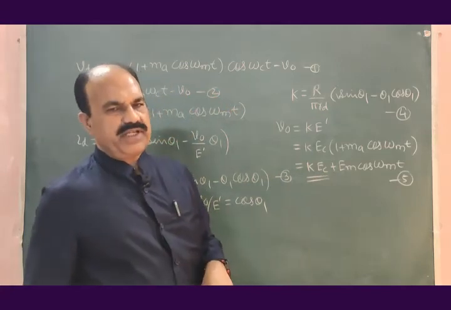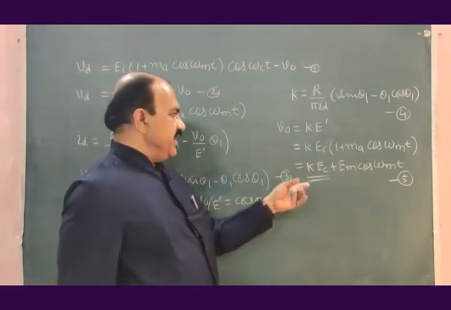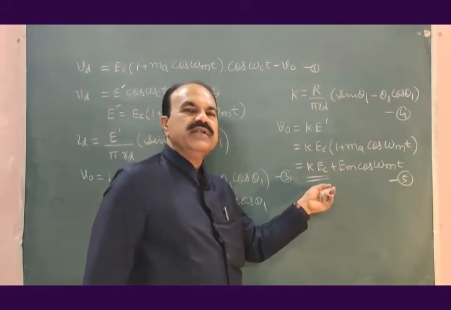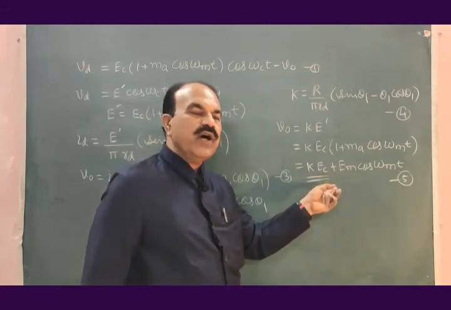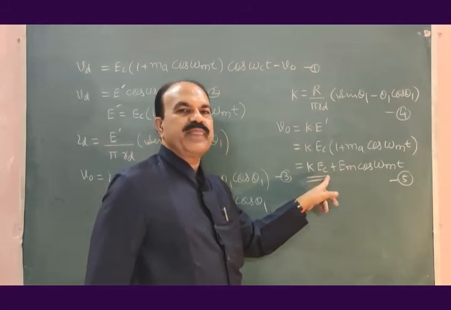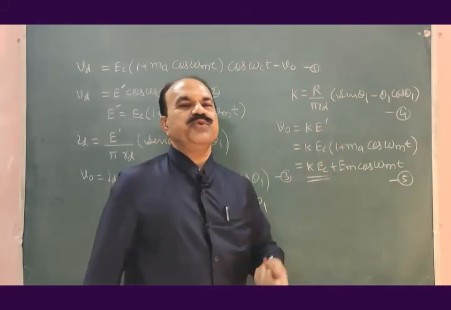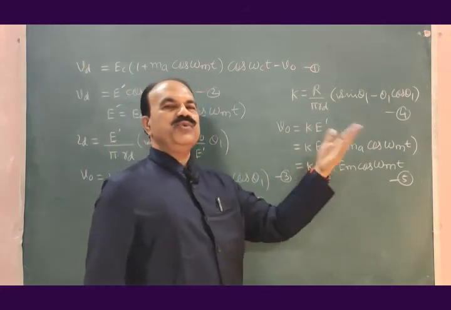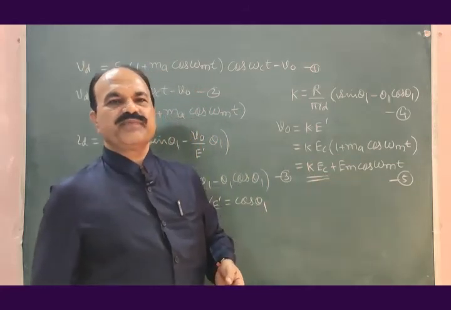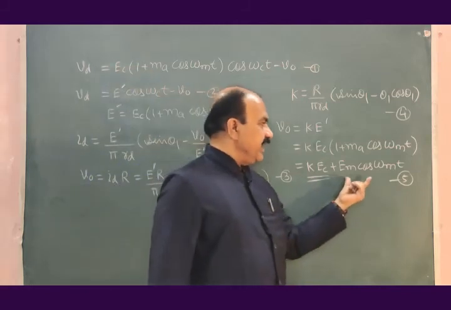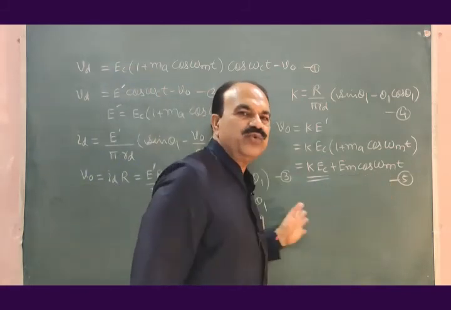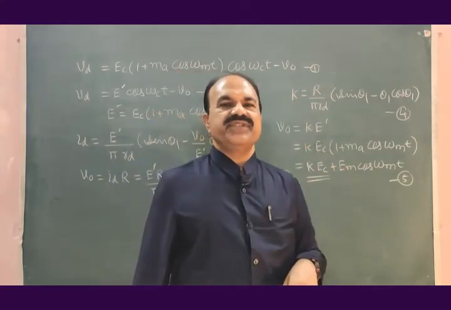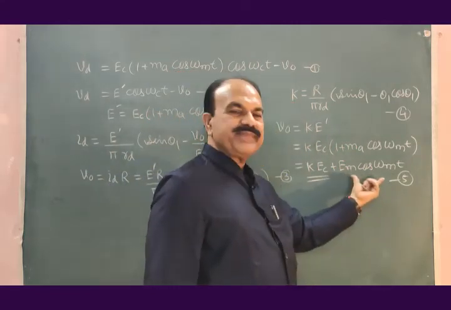KEC, K is proportionality constant. EC is amplitude of the carrier voltage. It is now DC component. The capacitor at the output, capacitor C, does not allow this DC component to come at the output. Only EM cos omega t is allowed to pass through the capacitor C. And what is this?